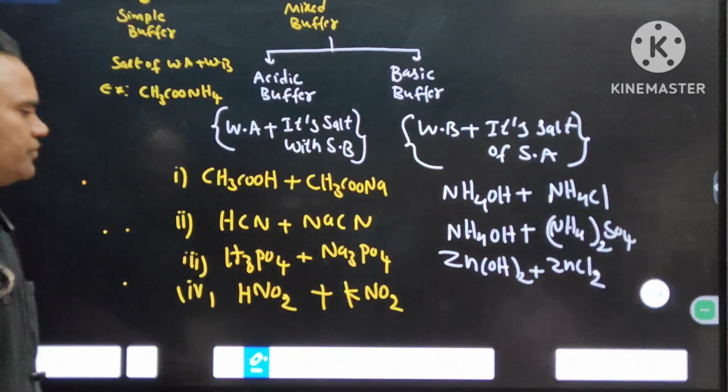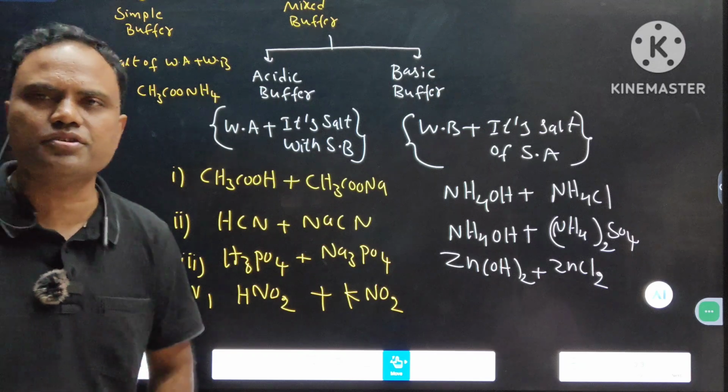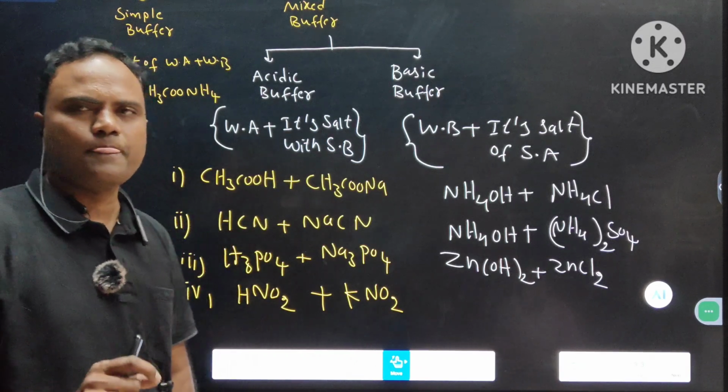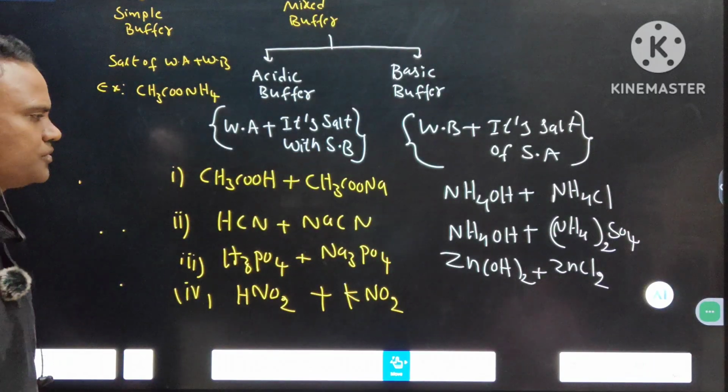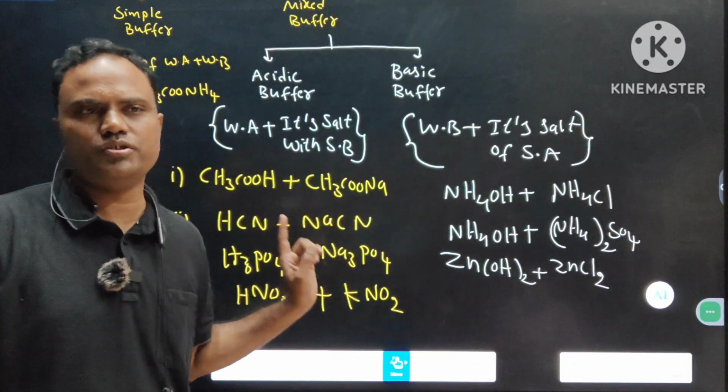So we completed buffers. Buffer is the solution whose pH does not change upon addition of strong acid or strong base. Few drops only, few drops. That is the condition, right? Based on this idea, let us do one important numerical.